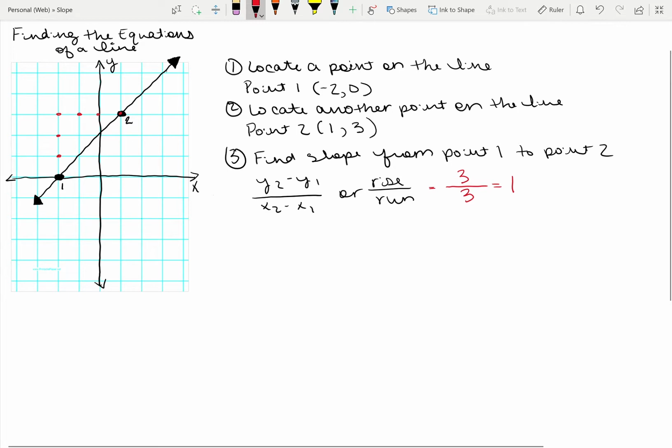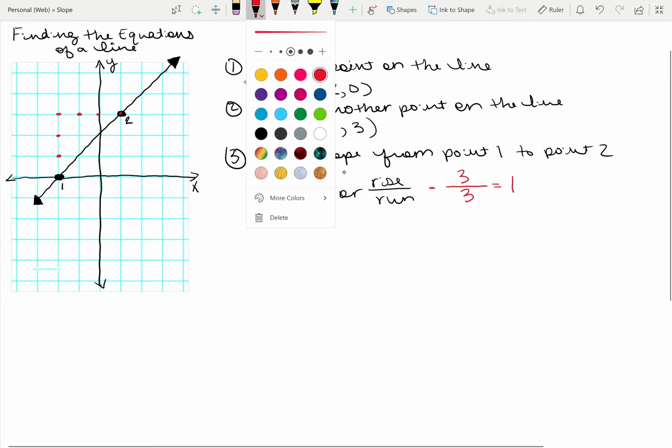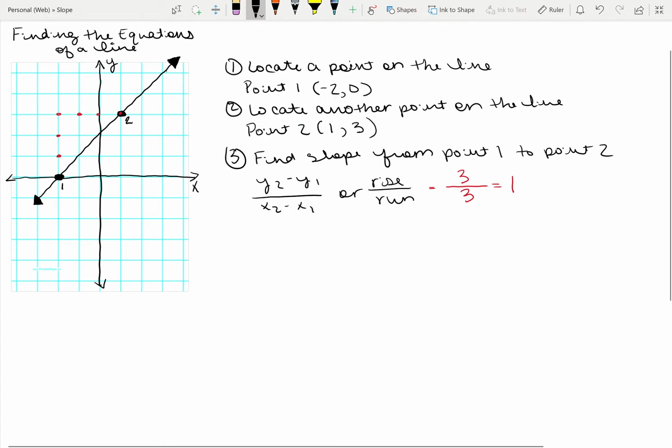Okay? Now, the next thing we need to do is we need to find out what b is equal to. Because remember, our goal here is to find the equation of a line, which would be represented in the form y is equal to mx plus b.